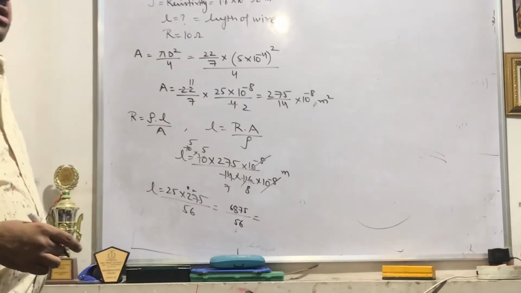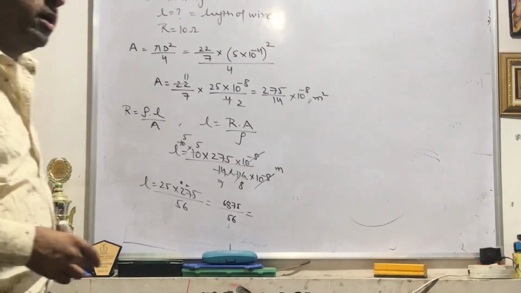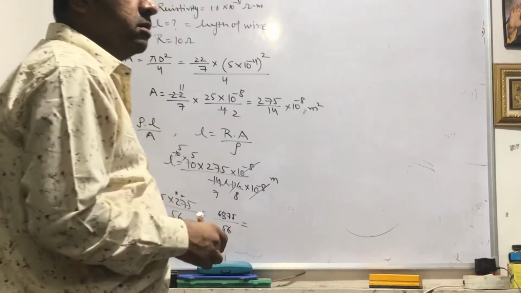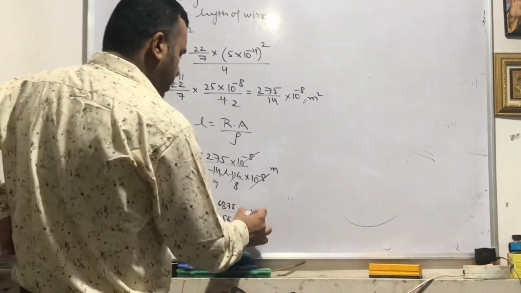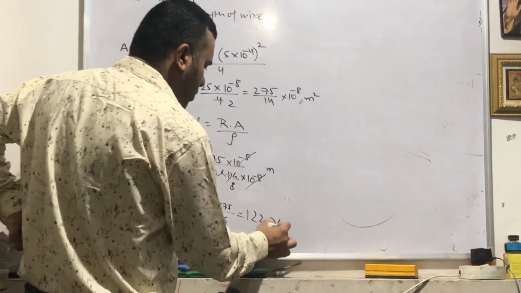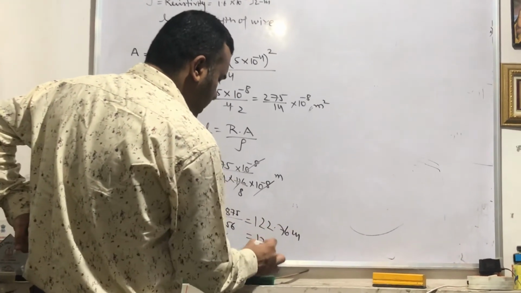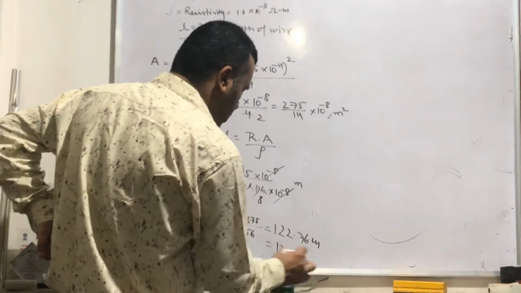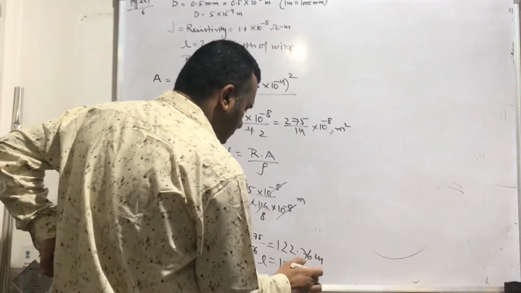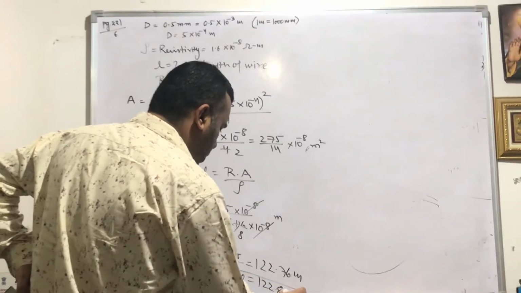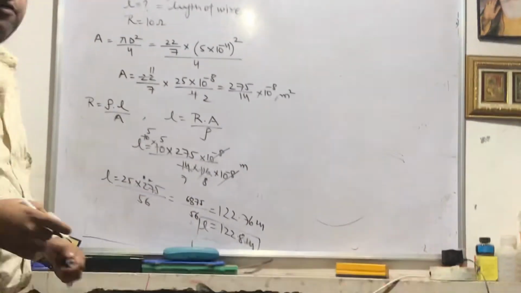Now we are getting 6875 upon 56, which is 122.76 meter. If you round it off, you will get 122.8 meter. But this is only one part, right? Length is 122.8 meter. What we have done is I have calculated area.